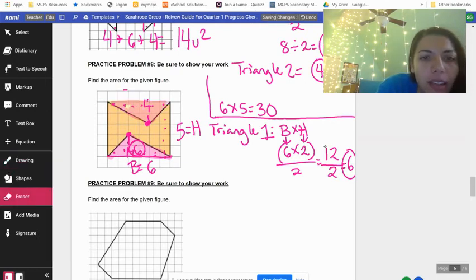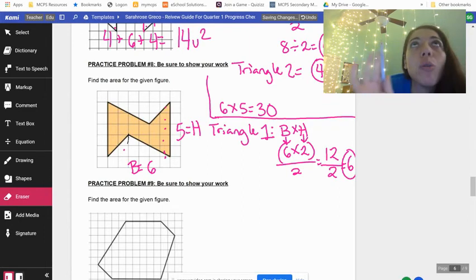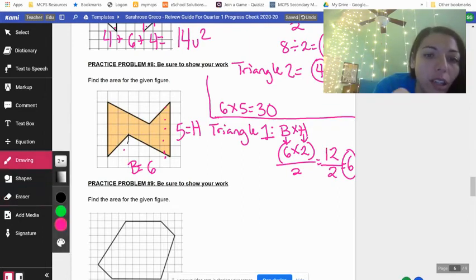It's kind of messy. If the area for each triangle is 6, right? And we originally got the area of this whole shape as if it was a totally uncut rectangle. So the area for this blank triangle is 6, and the area for this blank triangle is 6.